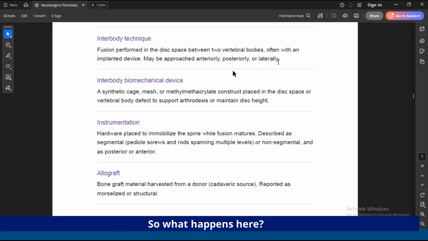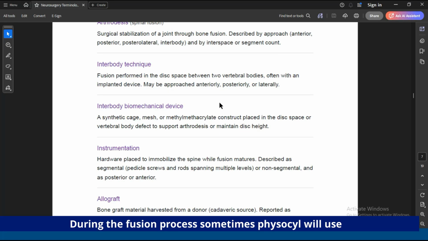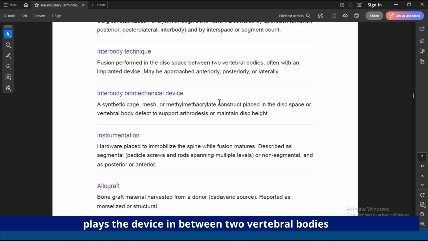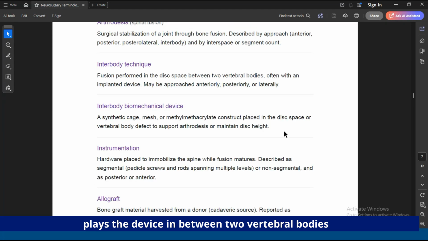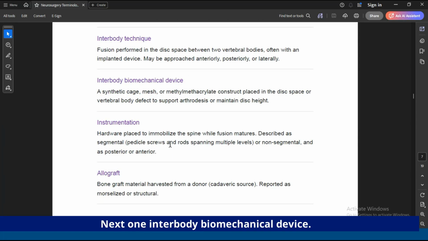So what happens here, during the fusion process, sometimes physician will use the interbody technique, where physician will place the device in between two vertebral bodies after removing the intervertebral disc. So that is the interbody technique. Next one, interbody biomechanical device.